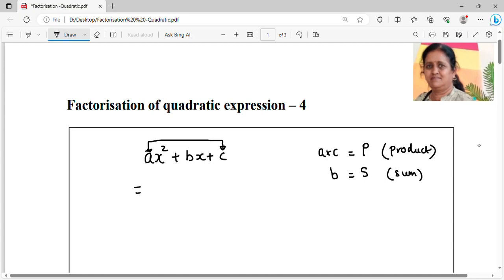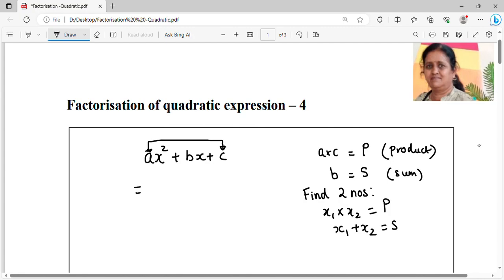Now, what we need to do is find two numbers, let's say the two numbers are x1 and x2, such that x1 multiplied by x2 will give you the product and x1 plus x2 will give you the sum. So this is the important strategy which we will be applying.